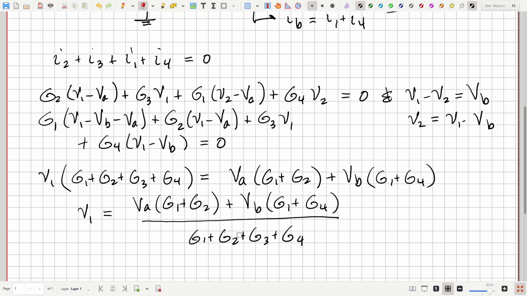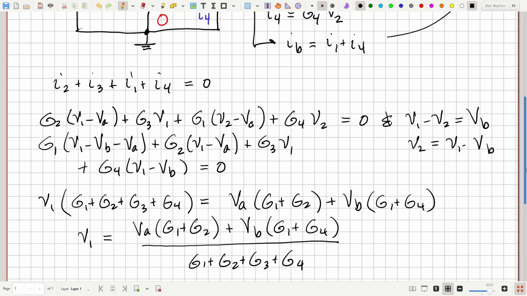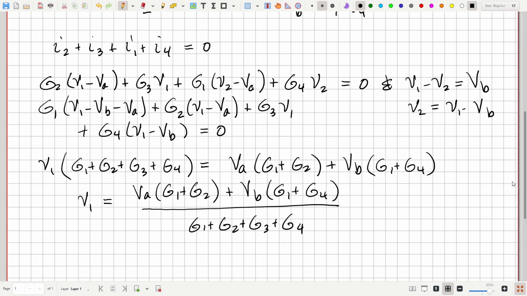Everything on the right side is known, right? The VA and VB are the voltages of those two voltage sources, and all the G's are the conductances, 1 over the resistances. Okay, and then we can solve that.